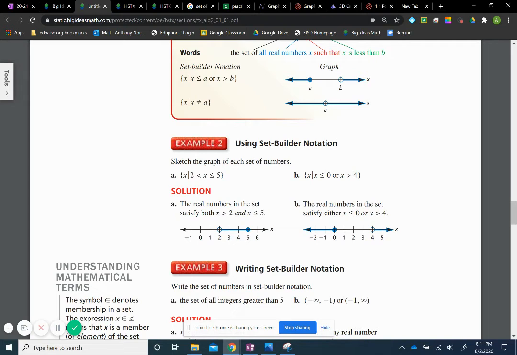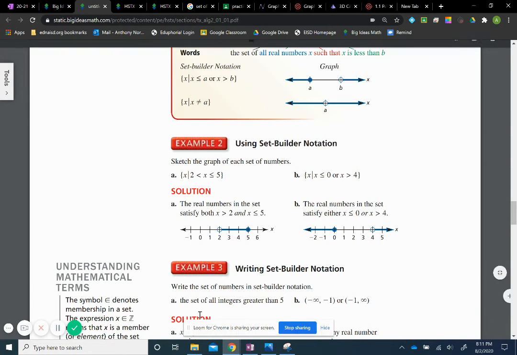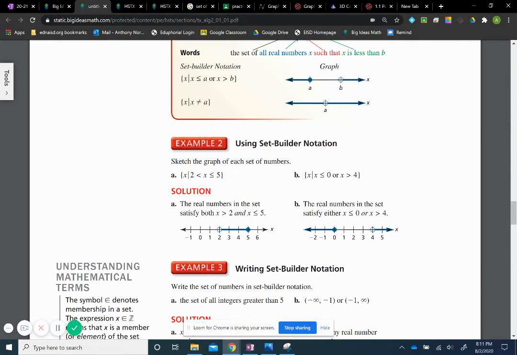So here we have an example. Again, a set of numbers where those numbers are between 2 and 5. Not included, so no curly brace, parenthesis, square bracket.